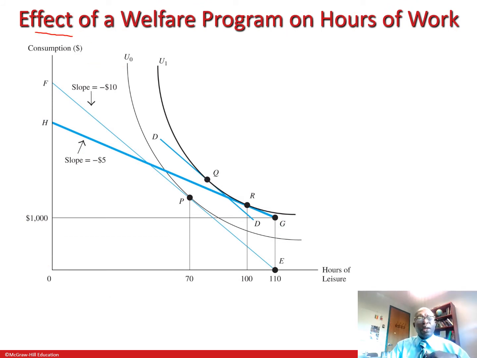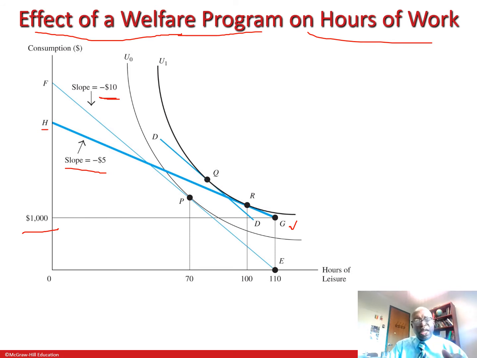So to identify the effect of the welfare program on hours worked, let's look at the budget line H, H and G, where the slope is -5. Before receiving the $1,000 cash grant, the slope of the budget line was -10.